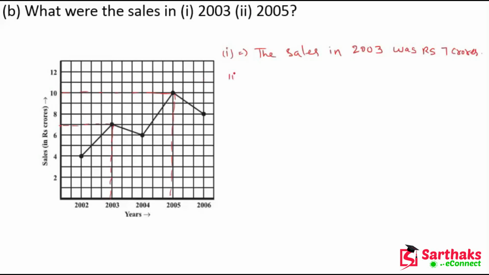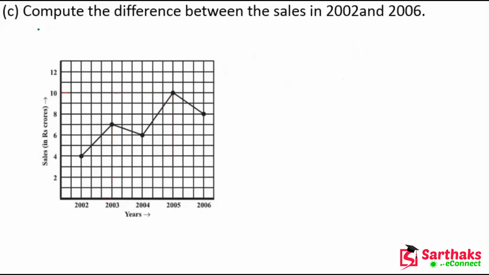And in the next one, the sales in 2005 was rupees 10 crores. Okay, this is the answer. I hope you understand these things. Yes, now the next one is, compute the difference between the sales in 2002 and 2006.